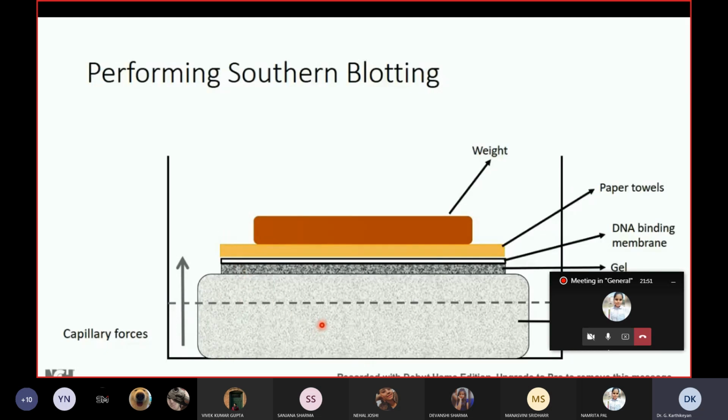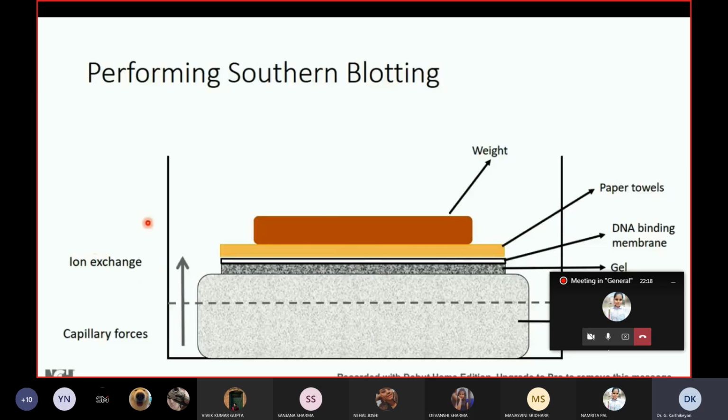Now when the buffer is passing through the gel, it's going to take the DNA samples with it. But when the water passes through the membrane, the DNA samples will stick on the membrane. Why? Because of ion exchange forces. The DNA samples are negatively charged and the nylon membrane is somewhat positively charged.